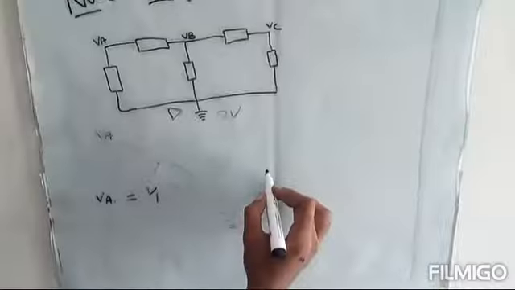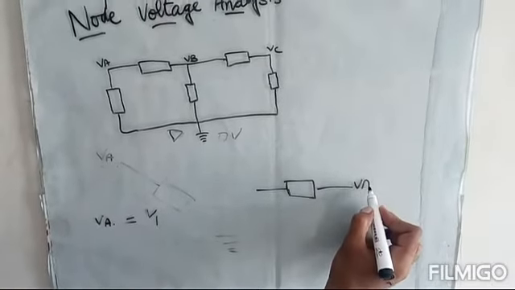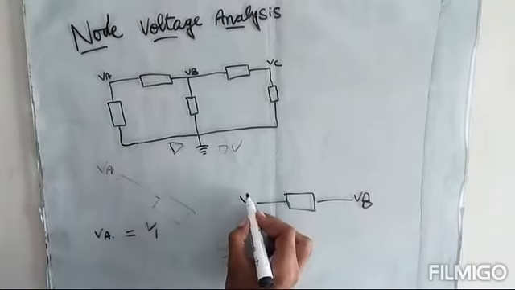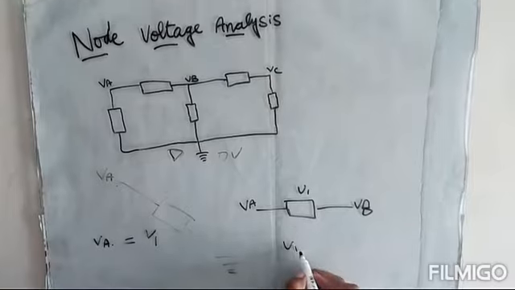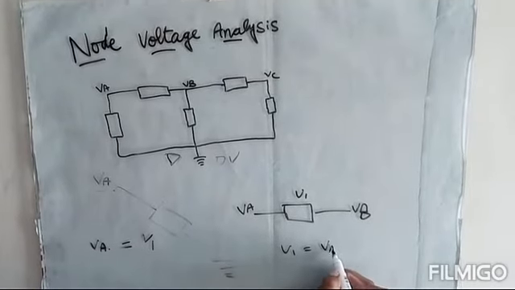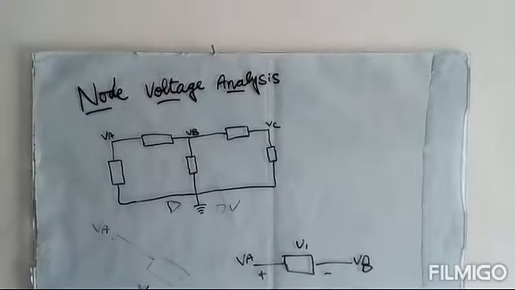But if an element is connected between two nodes, VB for example, and VA, then the voltage across it will be equal to VA minus VB. If this is plus, this is minus.